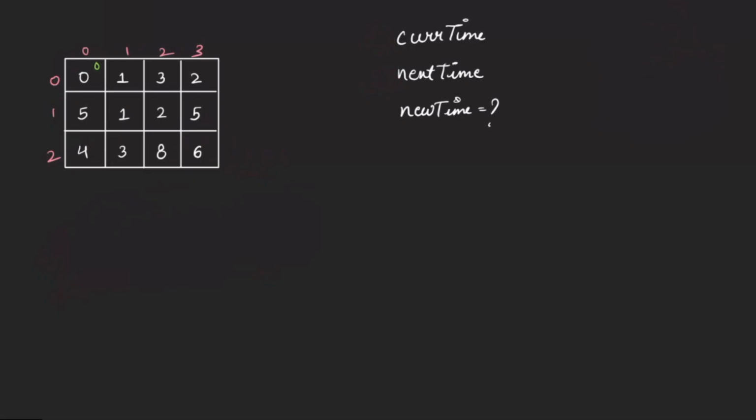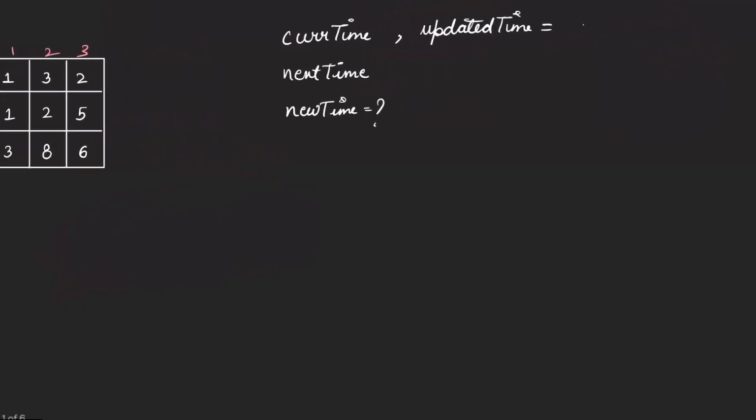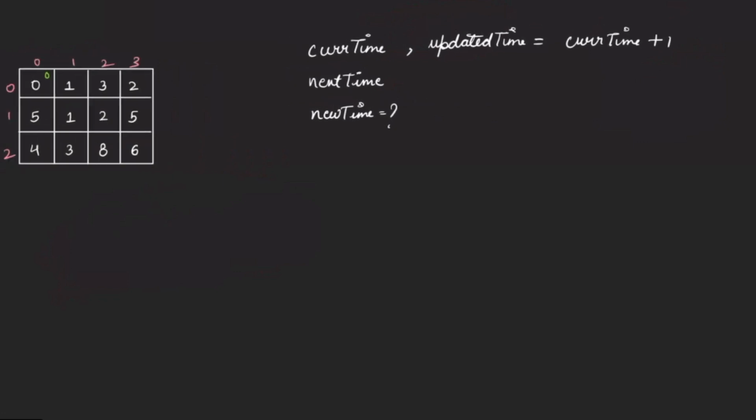So that means whenever I move from the current cell to the next neighboring cell, my current time will always increase by 1. So instead of current time, we can consider an updated time, and this updated time will be nothing but current time plus 1.